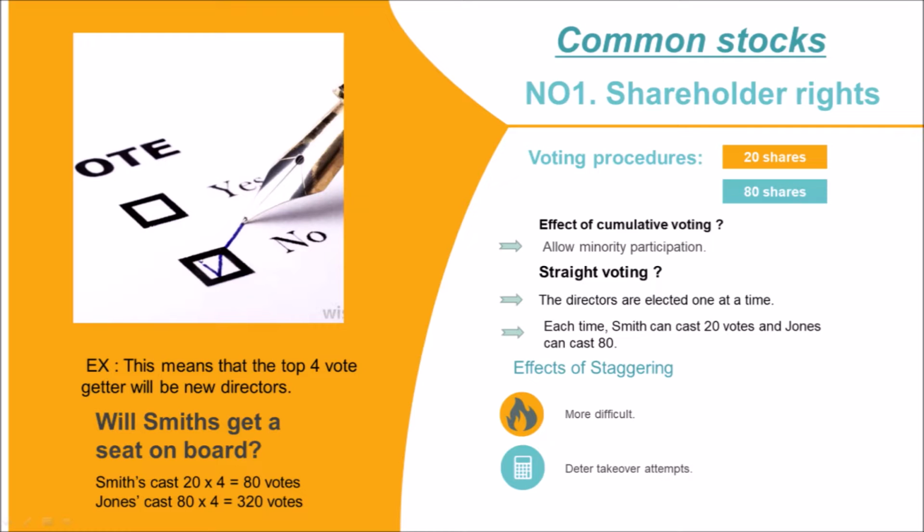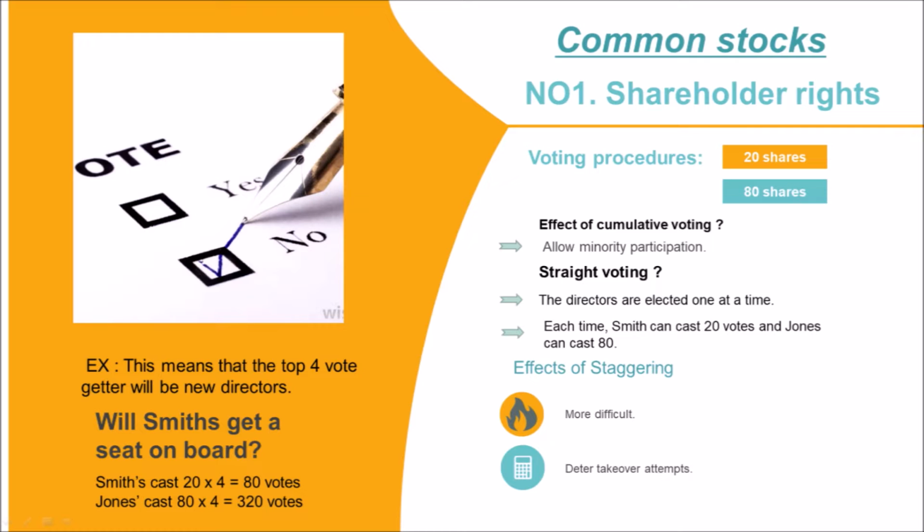To illustrate the two different voting procedures, imagine that the corporation has two shareholders, Smith with 20 shares and Jones with 80 shares. Both want to be a director. Jones does not want Smith. However, we assume there are a total of 4 directors to be elected.